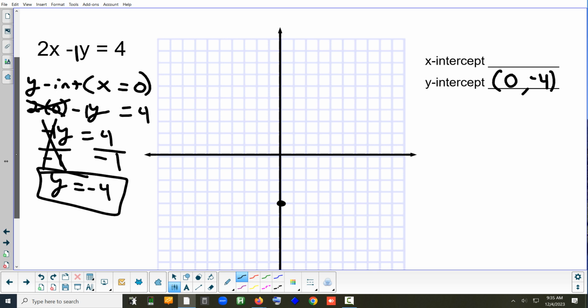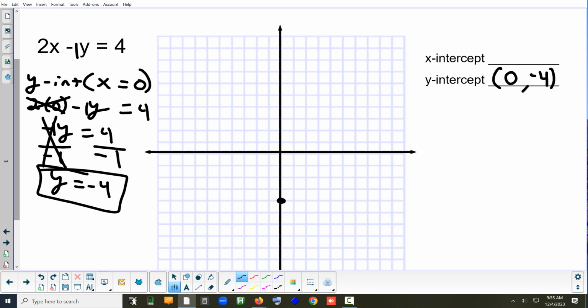Now we're going to do it again for the x-intercept. To find the x-intercept, what number are you going to plug in? 0. It's always 0. Now, where are you going to plug in 0? For the y. So set the y equal to 0.